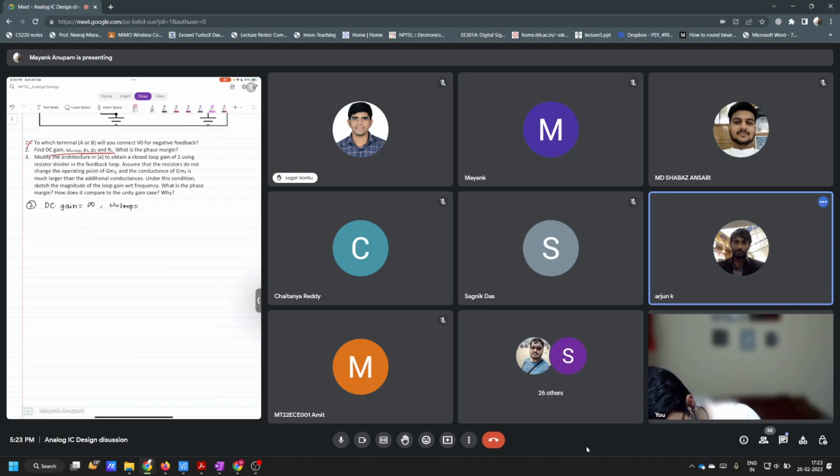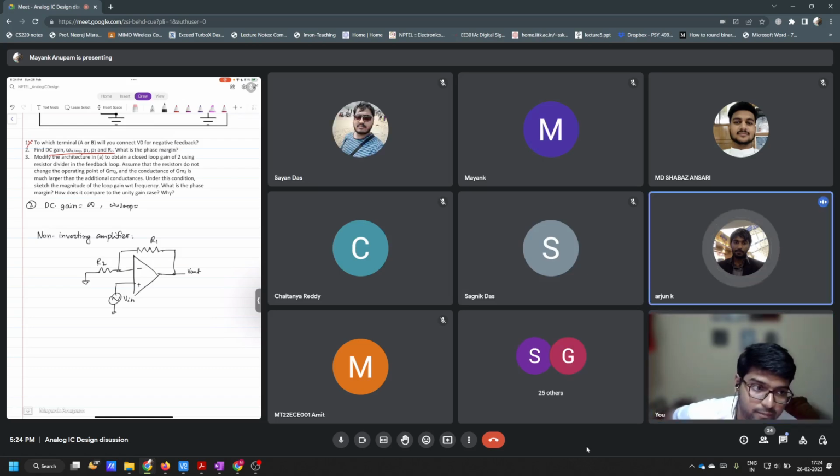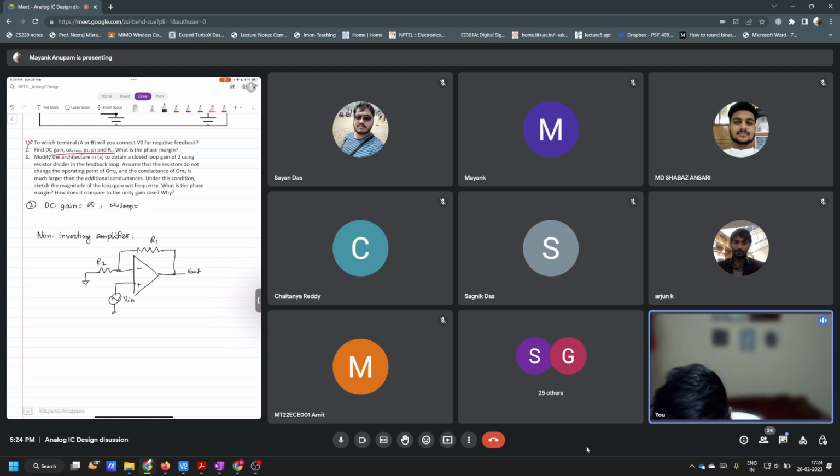Okay, let's take an example of a non-inverting amplifier. This is a non-inverting amplifier, right? Yes. Now tell me, how do you find the loop gain? I mean, where will you break the loop?